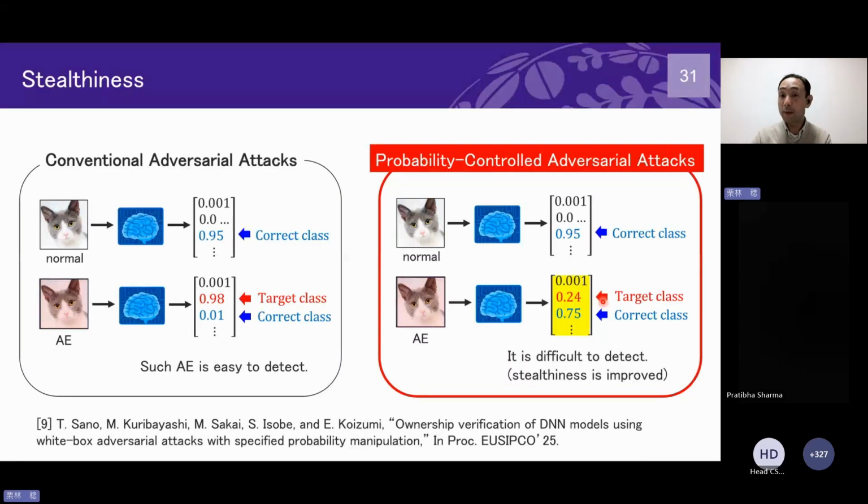So this probability can be controlled so as to keep the stealthiness of the adversarial example. So for the malicious party, it is difficult to find that the input is strange, or the output is strange. So it's difficult to detect by the malicious party, the cloud server's manager.